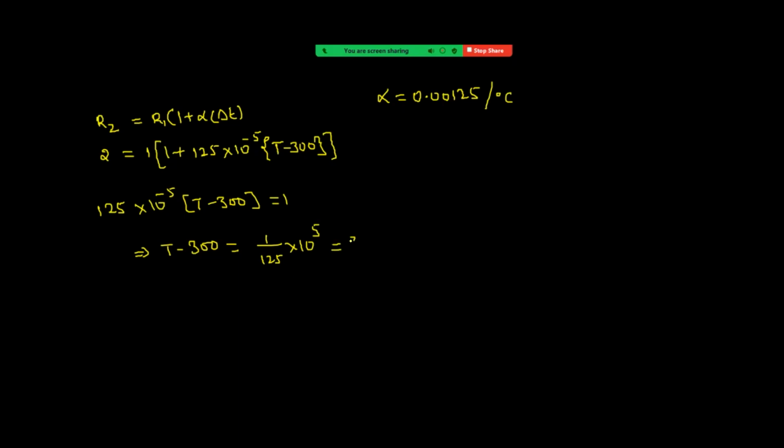So this will be 800. That means T value is 1100 Kelvin. Okay. If you want in centigrade, then subtract 273 from here. So this is our answer, right?